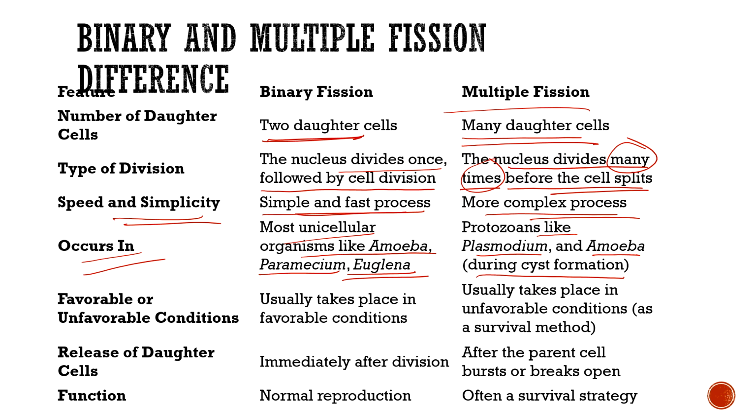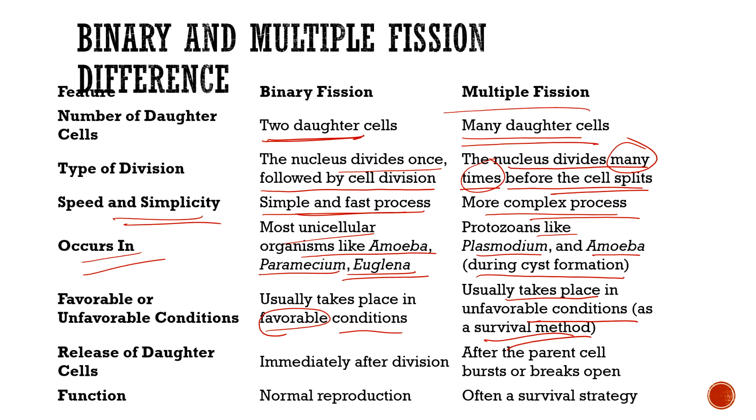Now, favorable or unfavorable conditions: binary fission usually takes place in favorable conditions, and multiple fission usually takes place in unfavorable conditions as a survival method. I have told you this cyst formation, this spore formation, occurs in unfavorable conditions, not in normal conditions, and binary fission always takes place in favorable conditions.